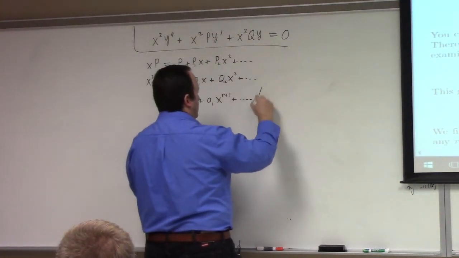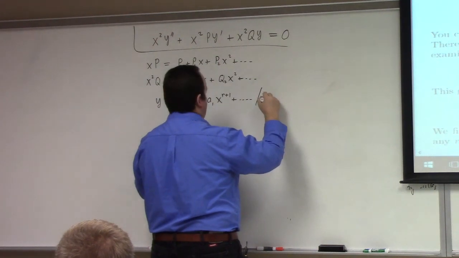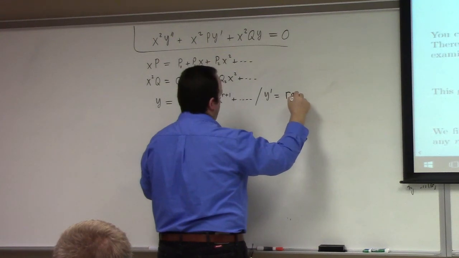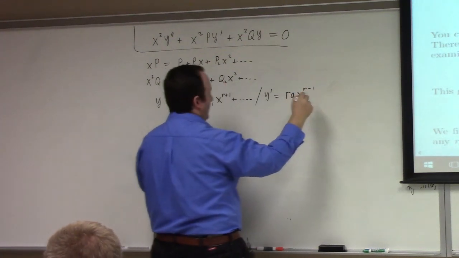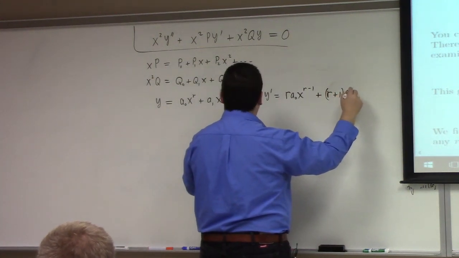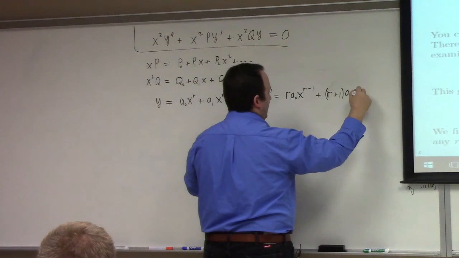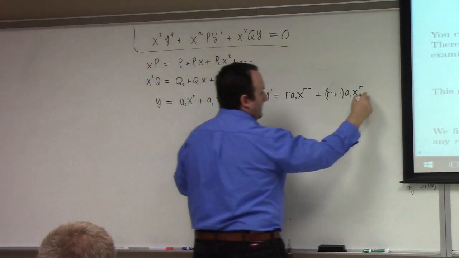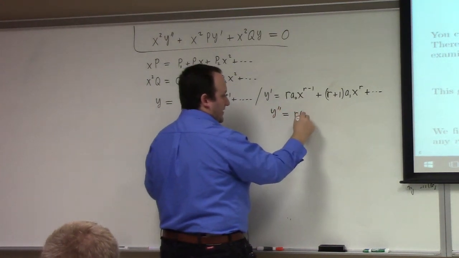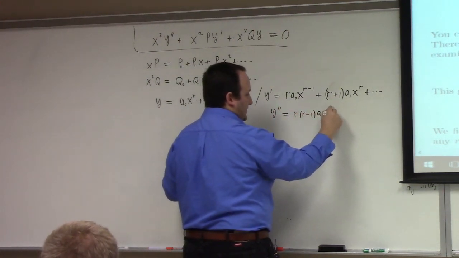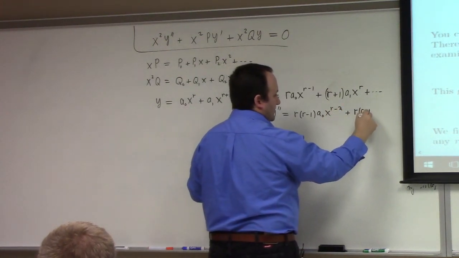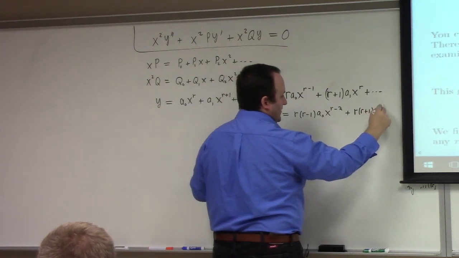So let's see here, y prime would be r a naught x to the r minus 1 plus r plus 1 a1 x to the r, right? What's y prime prime? r times r minus 1 a sub naught x to the r minus 2, plus r times r plus 1 a sub 1 x to the r minus 1.